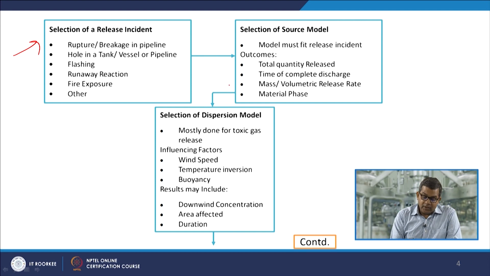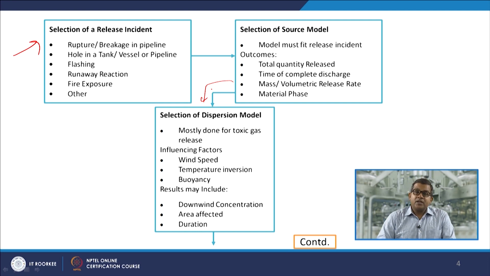Whenever you have carried this out, then go for the selection of a dispersion model. Mostly this selection of a dispersion model is done for toxic release, and the influencing factors include the wind speed. If you go to the Bhopal gas tragedy, the wind speed was a crucial aspect for all those fatalities.